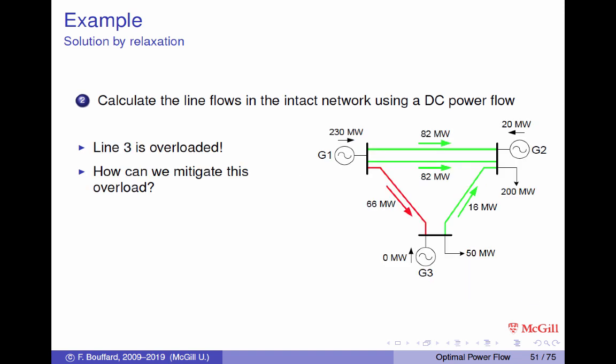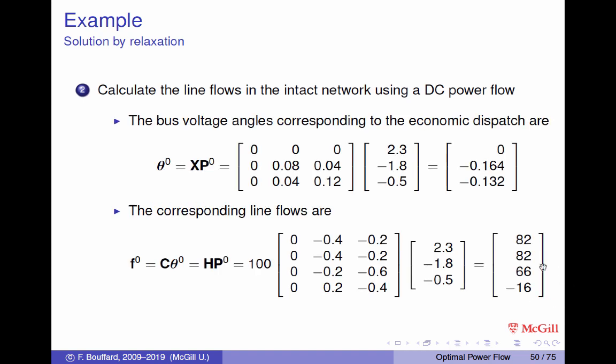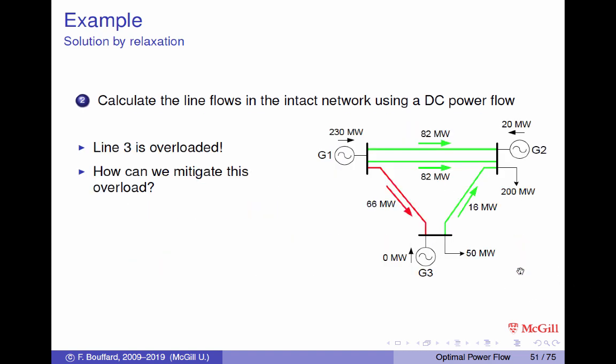And what we see is that the third line here is over its maximum power of 60 megawatts. So we have a 6 megawatt overload on that particular line. Now the question is, what do we do? We have 230 megawatts coming in here, 20 megawatts from here, and 0 megawatts from here.